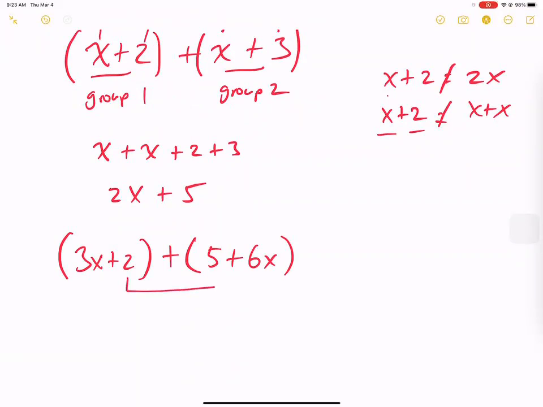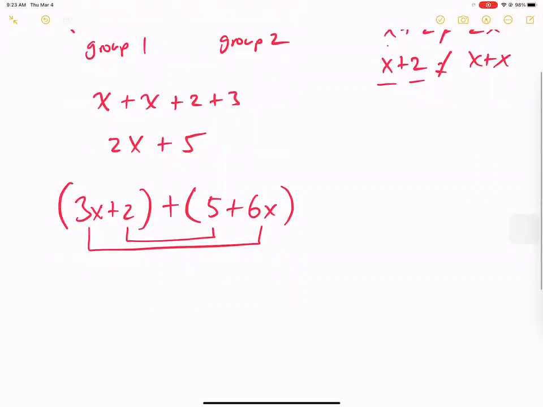Constants with constants and variables with variables. In this case, if I have 3 x's and 6 x's and I add them together, I'm going to just rewrite it right now so you guys can see it. 3x plus 6x plus 2 plus 5. I'm moving the like terms near each other. Well, 3x plus 6x is 9 x's. And 2 plus 5 is 7.